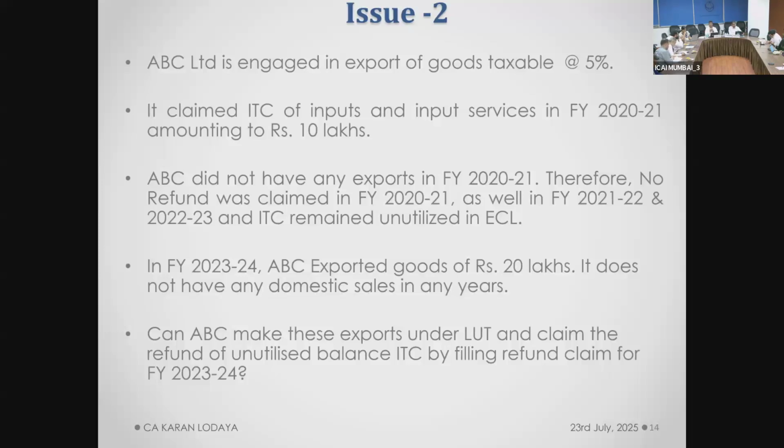So whether I will be able to claim the refund of the 10 lakh rupees ITC that was there in 2021? Because in 2021 I had the ITC but no export turnover. In 23-24 I have export turnover, but no ITC available during that year.